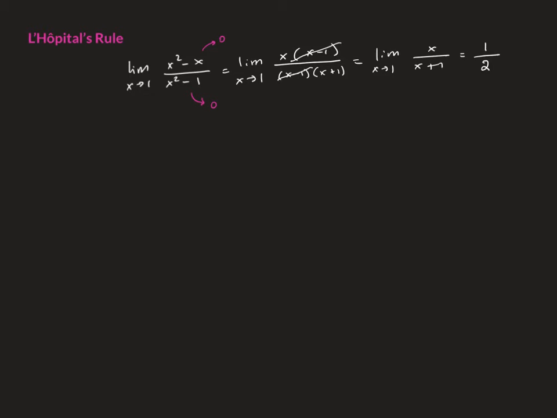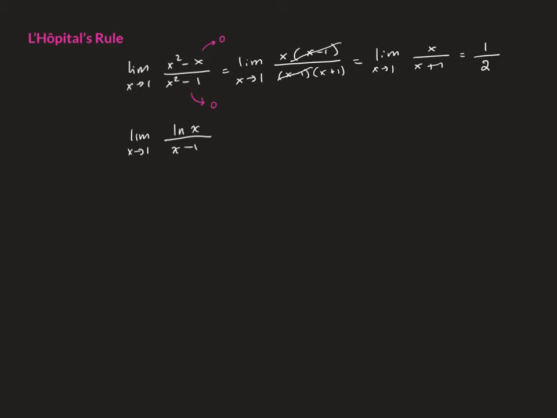There is an alternative way to do these kinds of limits, and that is L'Hopital's rule. Especially, L'Hopital's rule is very useful when we have functions that cannot be factorized. For example, the limit when x goes to 1 of ln x over x minus 1.